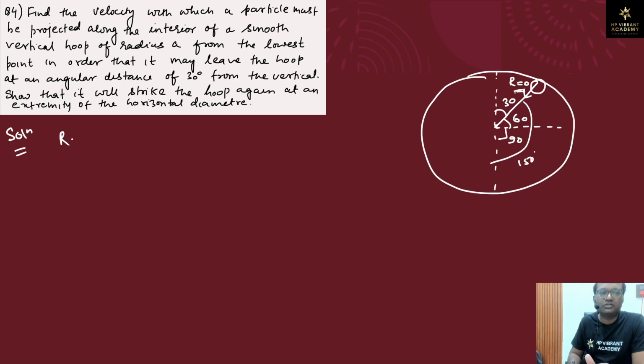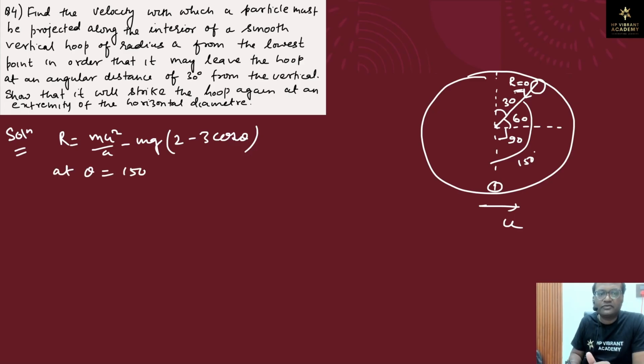Let us consider the initial velocity is u. So we have R at an angle theta, given by mu square upon a minus mg into 2 minus 3 cos theta. At theta is equal to 150 degree, R is equal to 0. So 0 is equal to m upon a into u square minus mg into 2 minus 3 cos 150.